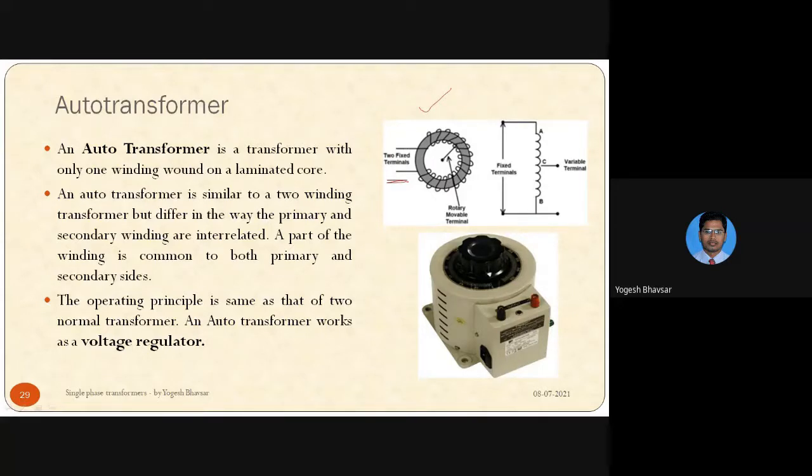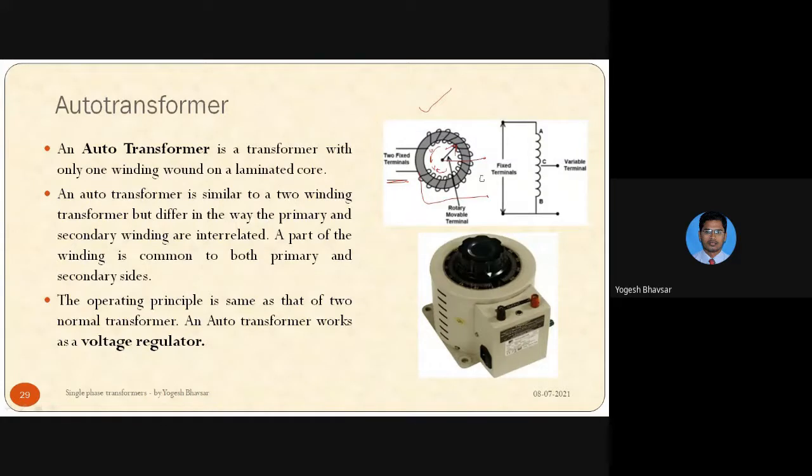Now at the middle, you can see there is a sliding contact, which is continuously sliding over this winding, either clockwise or anti-clockwise. This may be the 0 point, and this may be the high voltage point. When we vary this rotary movable terminal, we can get increased voltage. So this is the output at one point, and this is the second point.